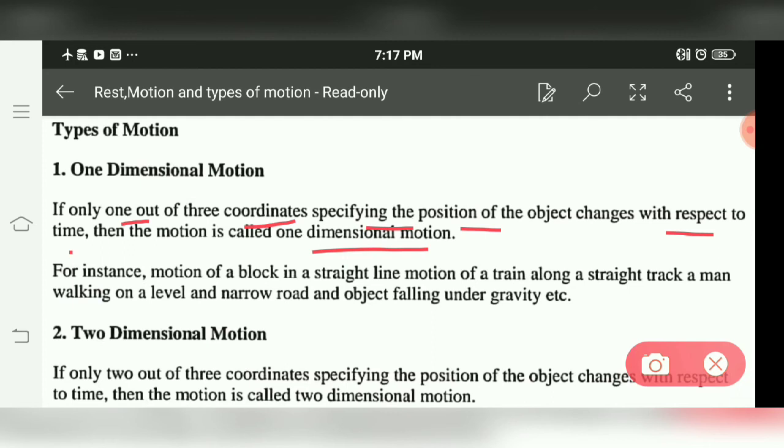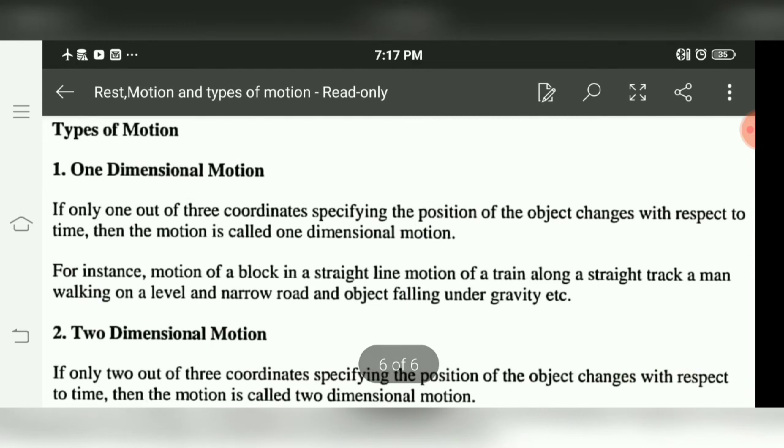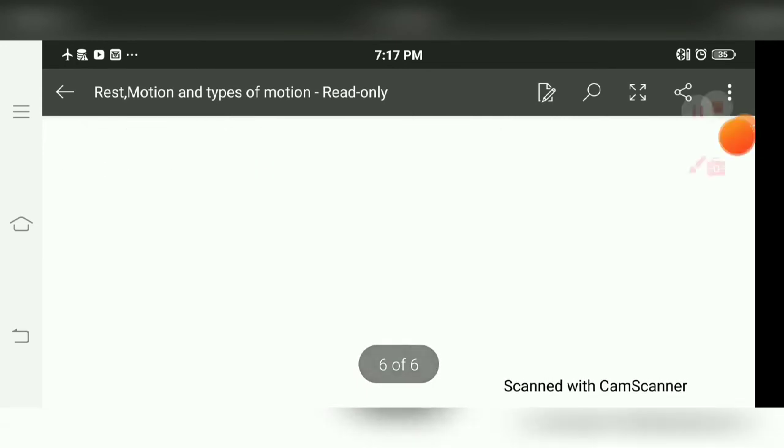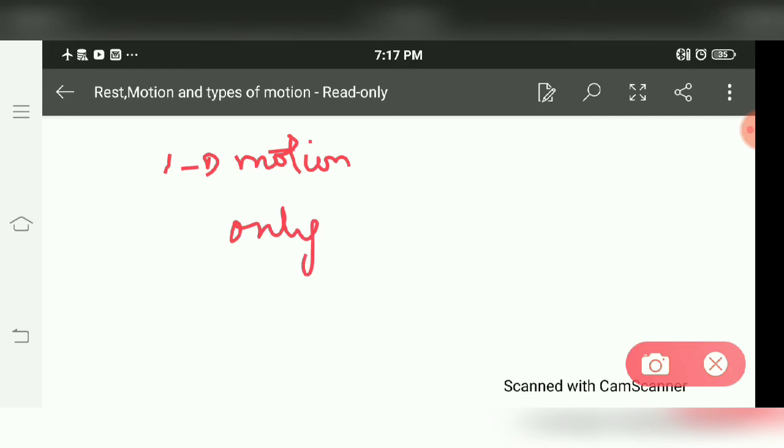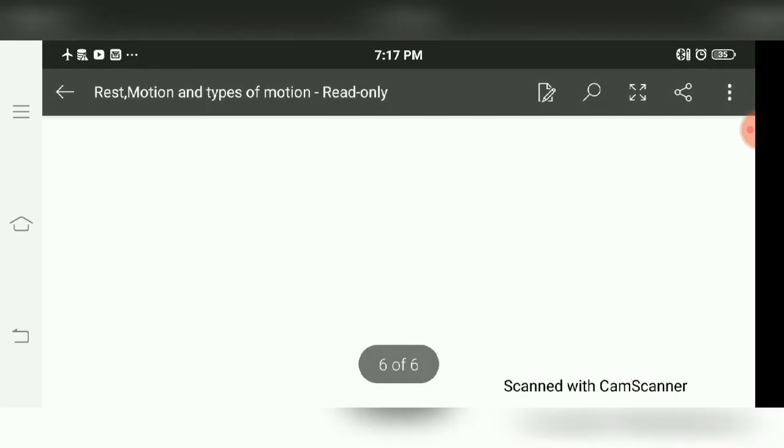Suppose motion of a block in a straight line, of a train along a straight track, or a man walking on a level or narrow road, and an object falling under gravity. These are all examples of one-dimensional motion. In 1D motion, only one axis is required to explain the motion.